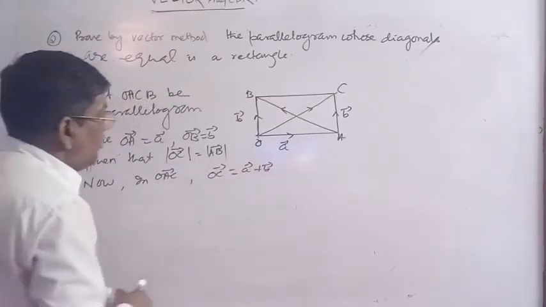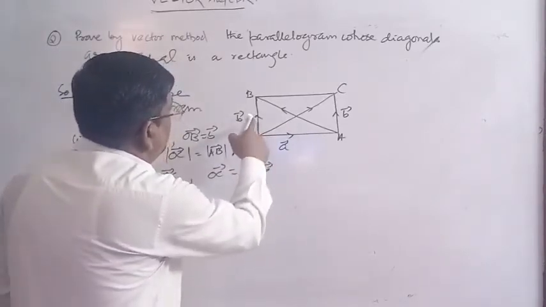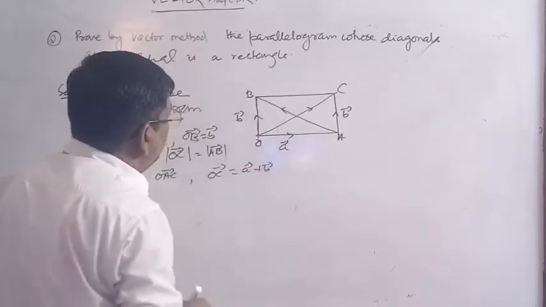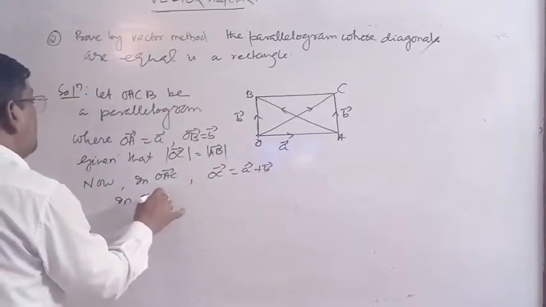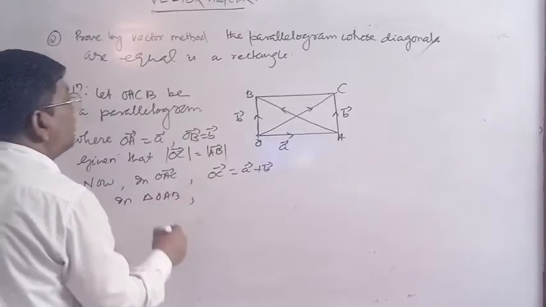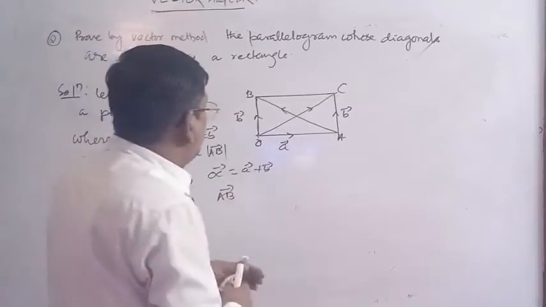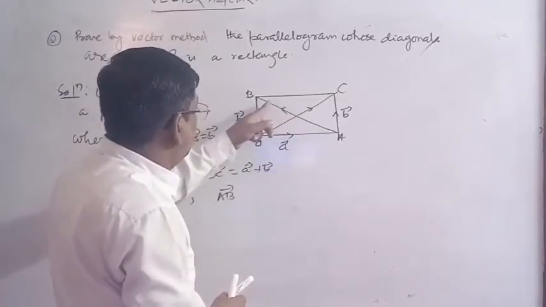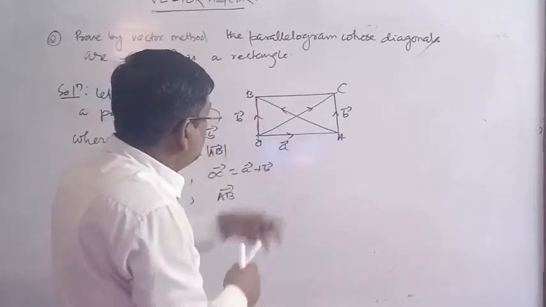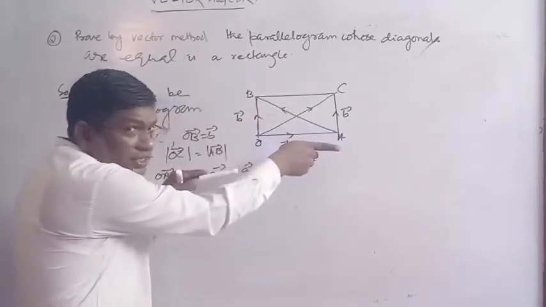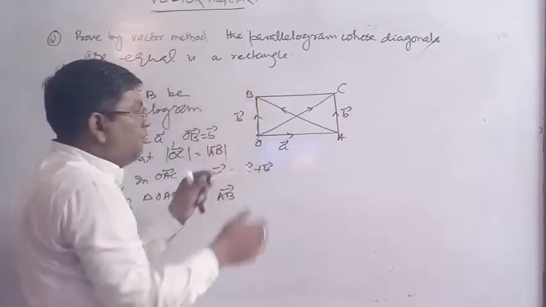Okay. Now in triangle OAB, what is AB vector? AB vector is in this same direction. This is direction A, and this is minus A, and this is plus B vector.